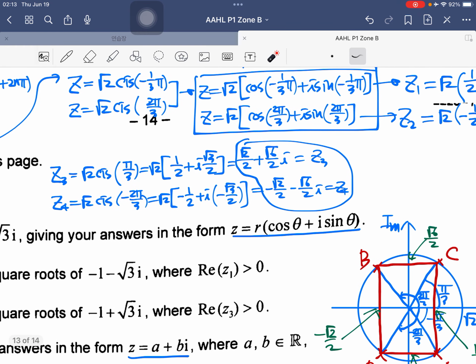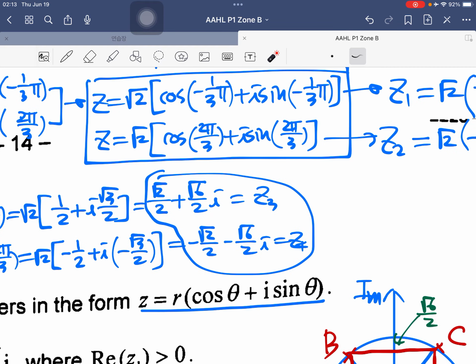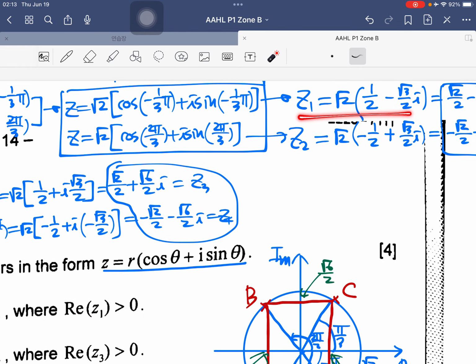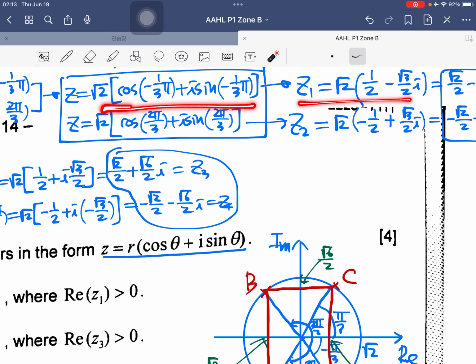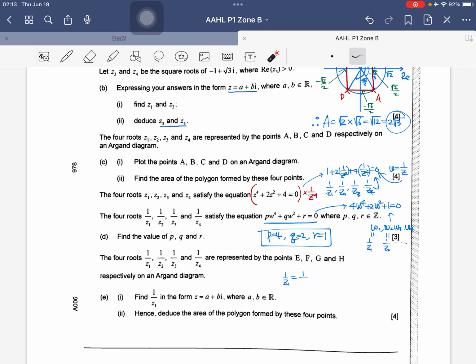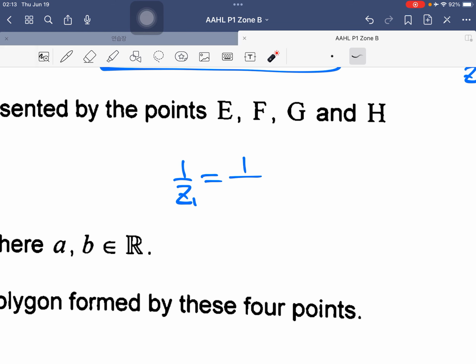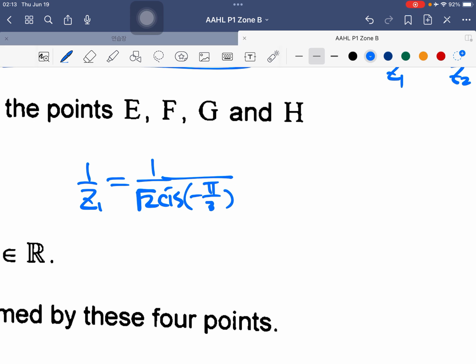Where's z1? z1 is this form, which is square root 2 cis minus pi over 3. This is 1 over z1. And then the modulus of this becomes 1 over square root of 2.